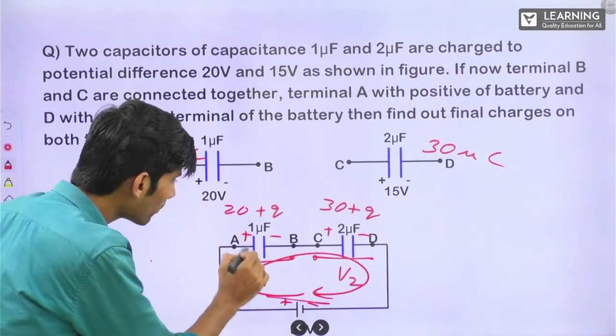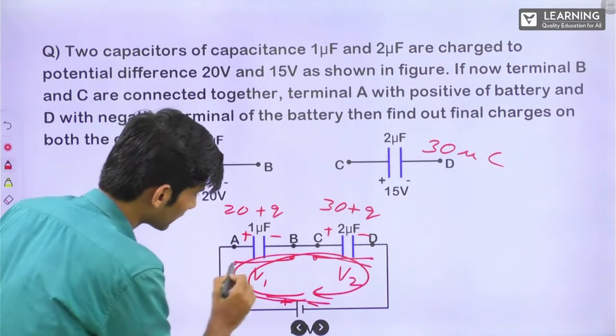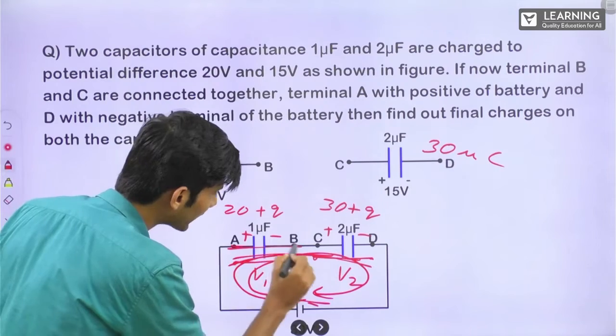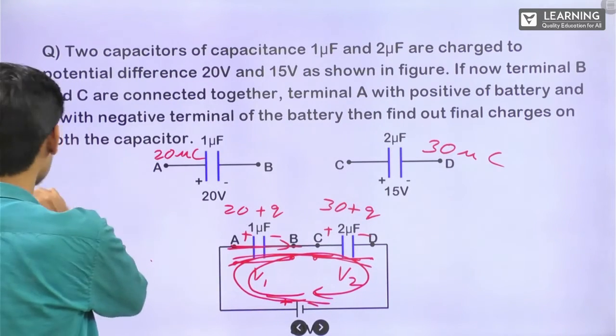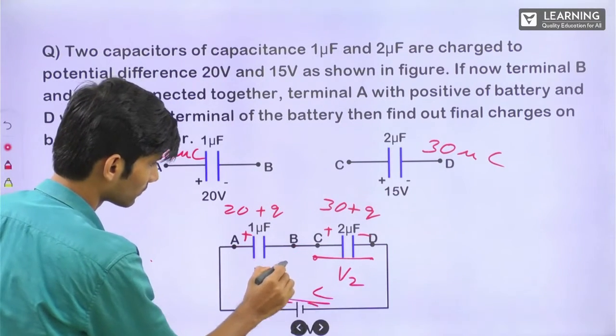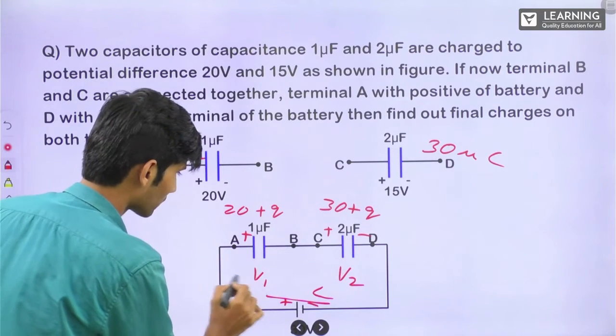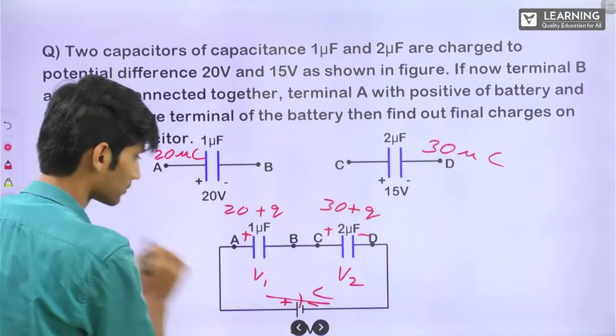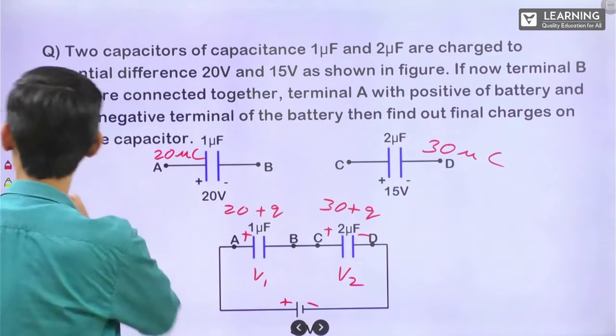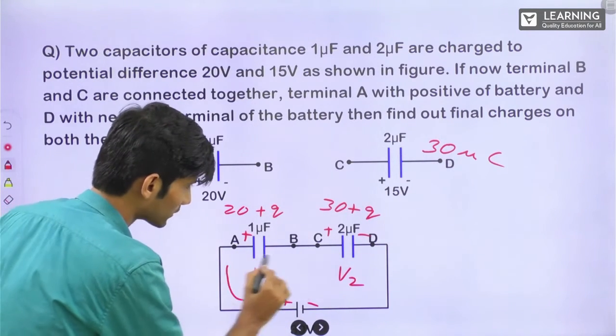Here, we are moving like this, right? This means from positive to negative we are going, correct? Understand?